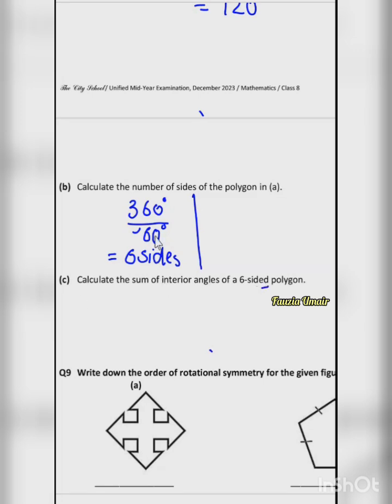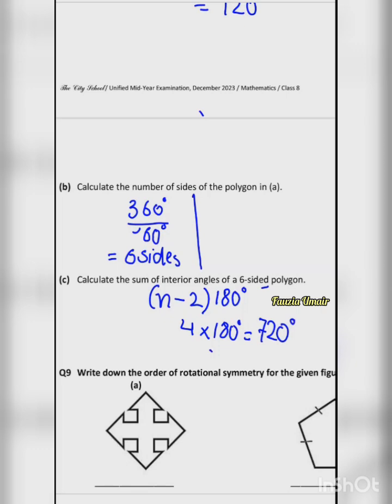Which formula is to be used for the sum of interior angles? n minus 2 multiplied by 180, where n is 6, the number of sides. So 6 minus 2 is 4, into 180. What is the answer? 720. That's right. 720 degrees is the total interior angle.